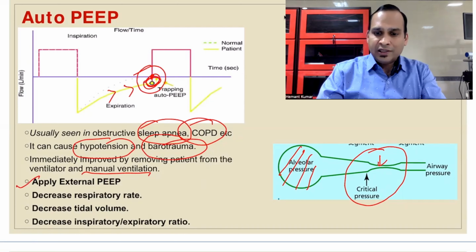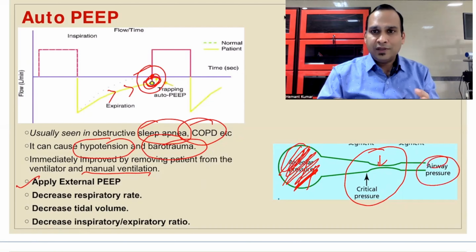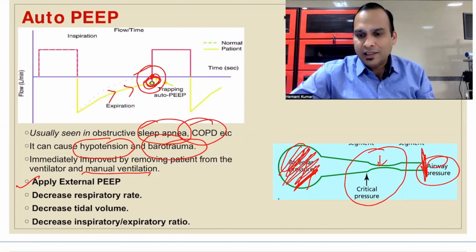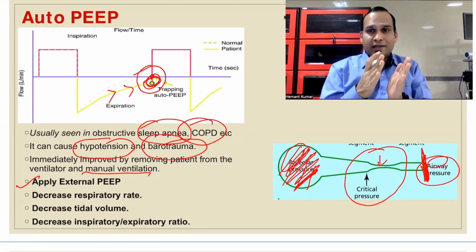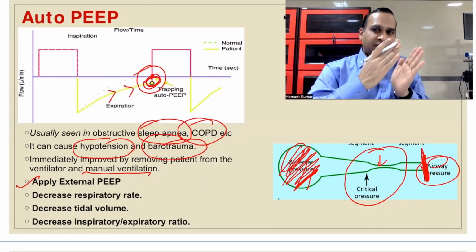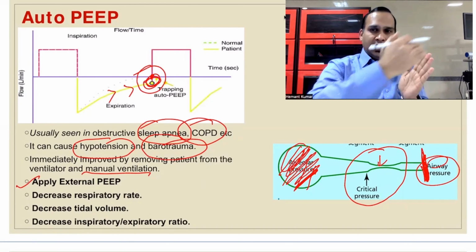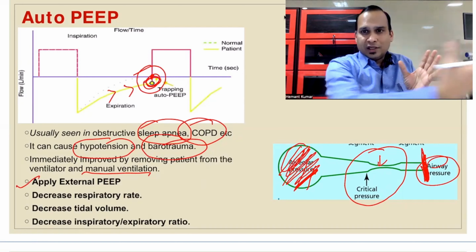Internal PEEP is retention of air at alveolar level, and external PEEP you are giving at the airway, through the ventilator circuit. So once you give pressure here in the airway, the airway will not collapse in end expiratory phase. The airway is open, so the air which is there in alveoli will come out.